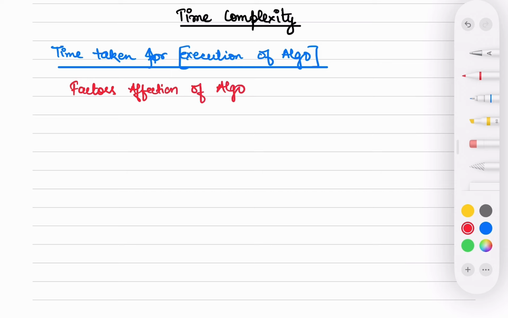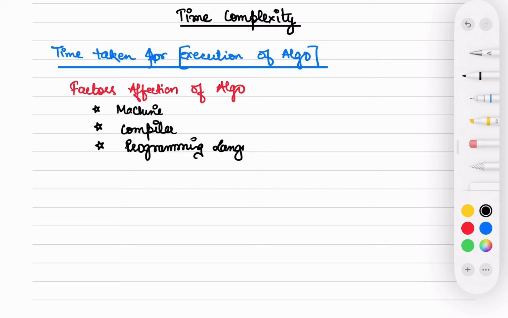So one factor can be your machine, another can be your compilers. Also, it depends upon which programming language we are using, and that also has an impact. We know that among C++, Python and Java, some are faster than others.